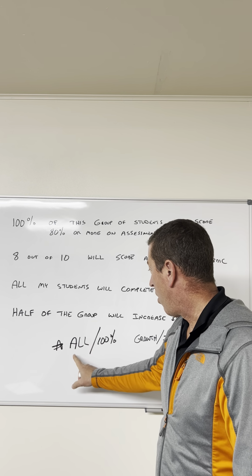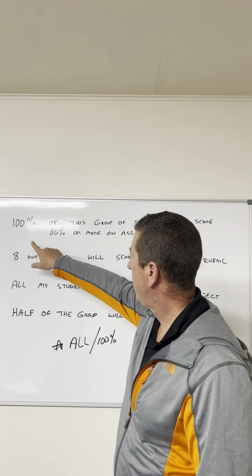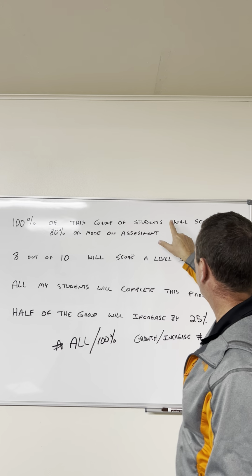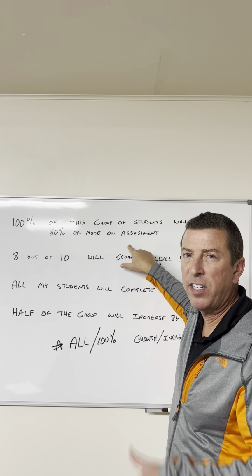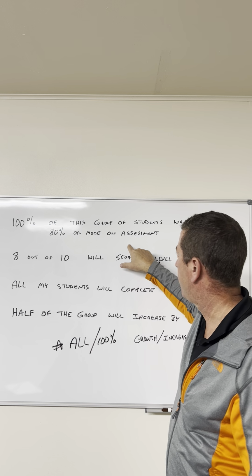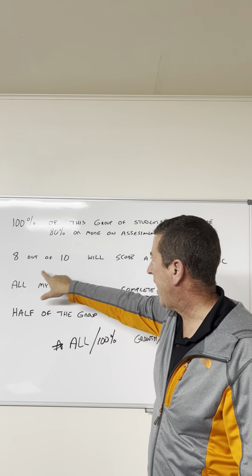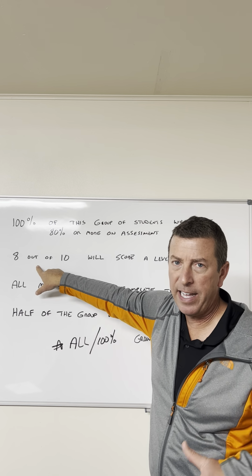So when I'm thinking about all and growth, I look at these statements again. Hey, this has all, has 100% of this group of students will score 80% or more on assessment. That doesn't include growth. It just says that they're going to score. Doesn't work. 8 out of 10 will score a level 5 on rubric. As soon as they see this 8 out of 10, it's out.